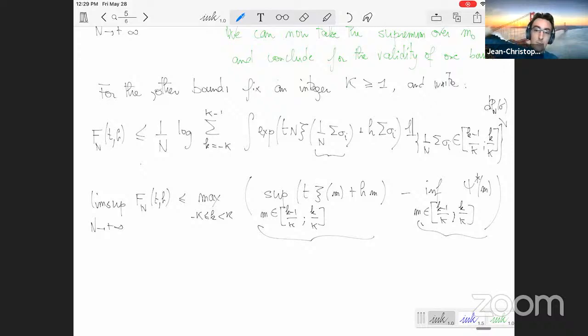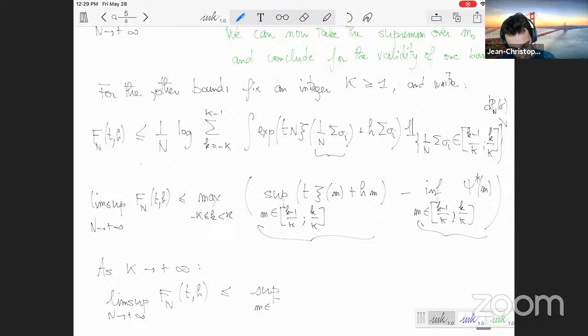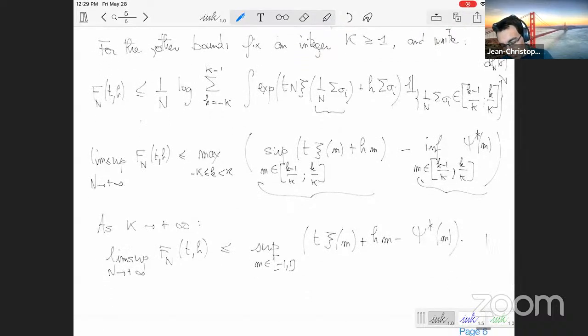Possibly psi star becomes extremely high, but you don't need to worry about this. So as K goes to infinity, I claim that this shows that the same thing is true for the lim sup. So this proves the converse bound.